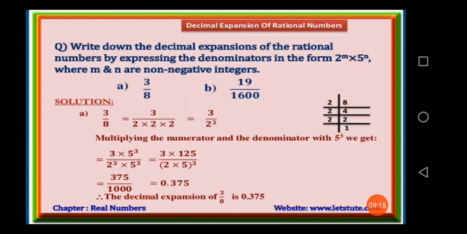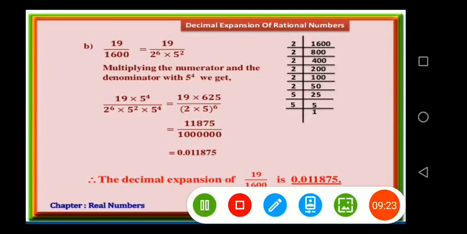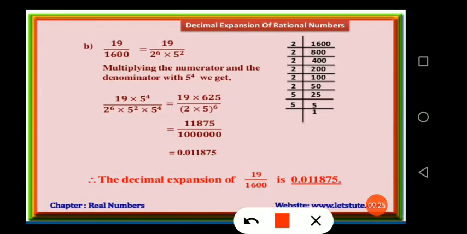Okay, moving toward the next part of it, 19 by 1600. So again the same thing. First of all, we will convert the denominator into prime factors.